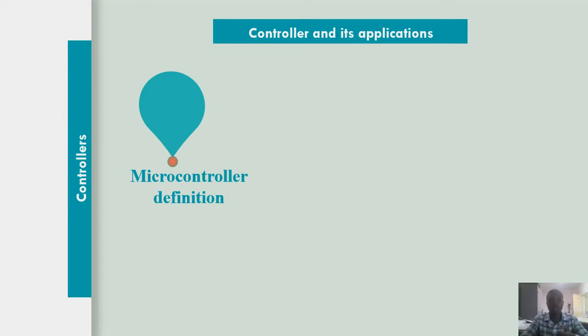But in this presentation, we are going to look at the Arduino Uno, which is a microcontroller board based on the ATmega328P. Microcontrollers are used in security alarms, automobiles, smart ovens, and automated control systems.